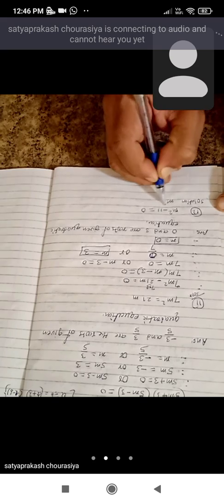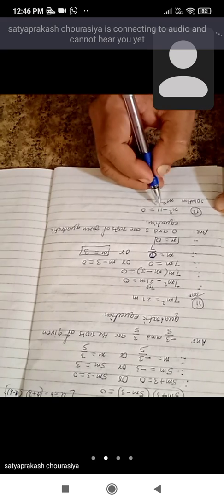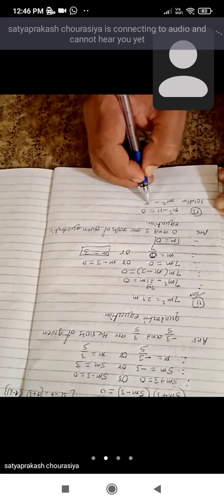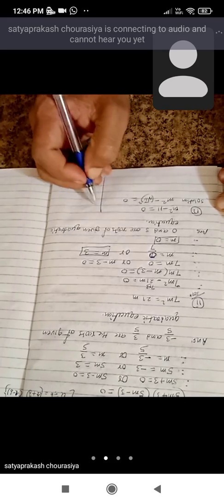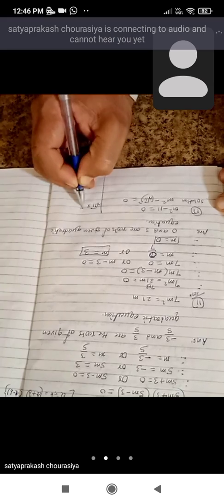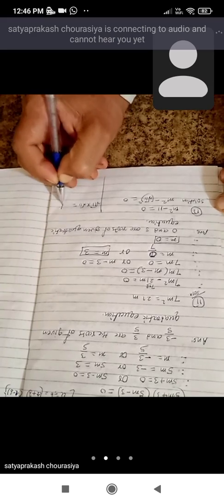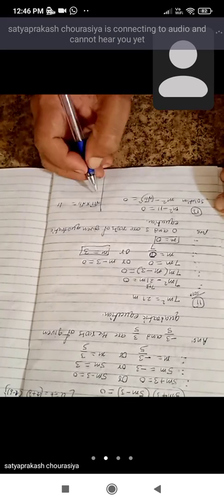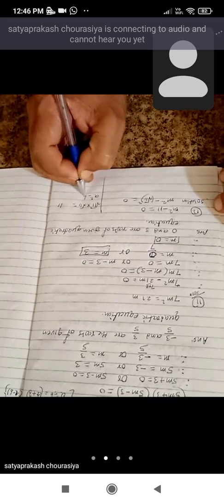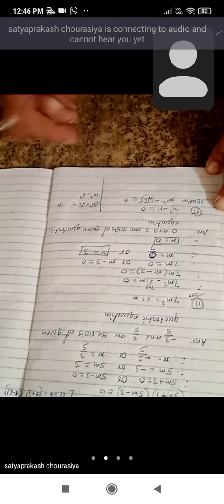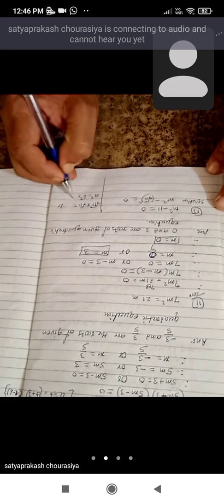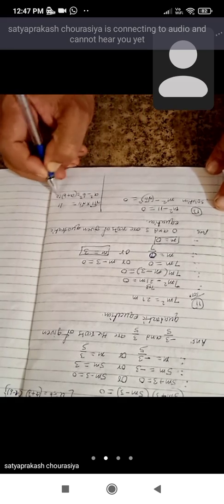So m square minus 11 can be written as m square minus under root 11 whole square is equals to 0, because we know that under root 11 into under root 11 is equals to 11. So here it is written in which form? A square minus b square form. We know that a square minus b square is the product of a plus b and a minus b.